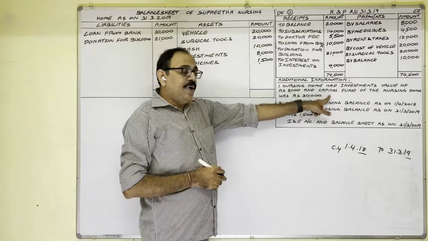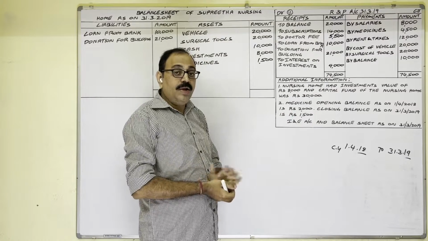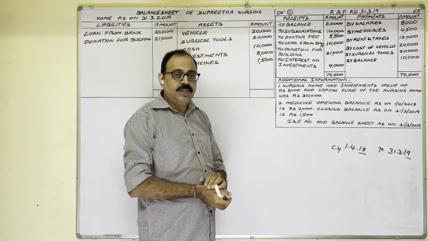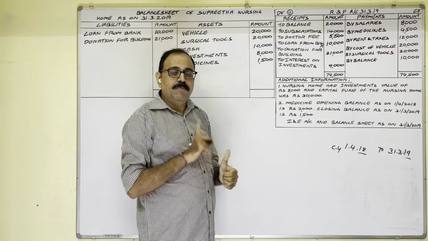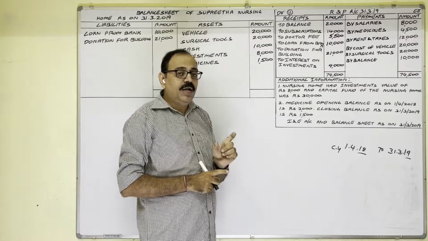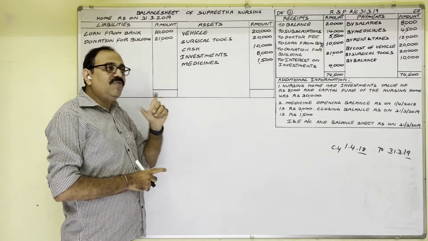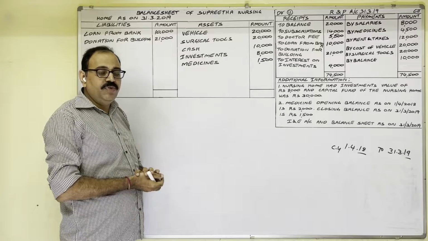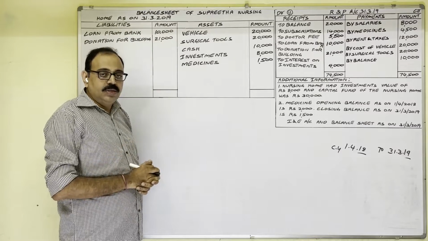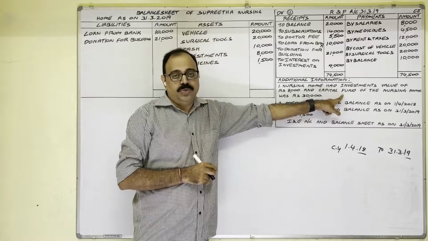Finally come to capital fund. Capital fund means what? One should recollect trading concerns, meaning sole proprietorship, partnership, etc. There we used to write the word capital under the liability side. In case of not-for-profit organizations, we should not use the word capital. Instead of that, the word capital fund we should use.